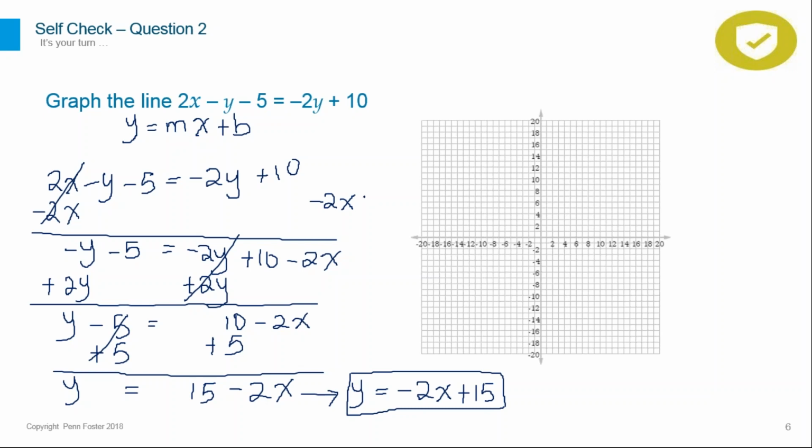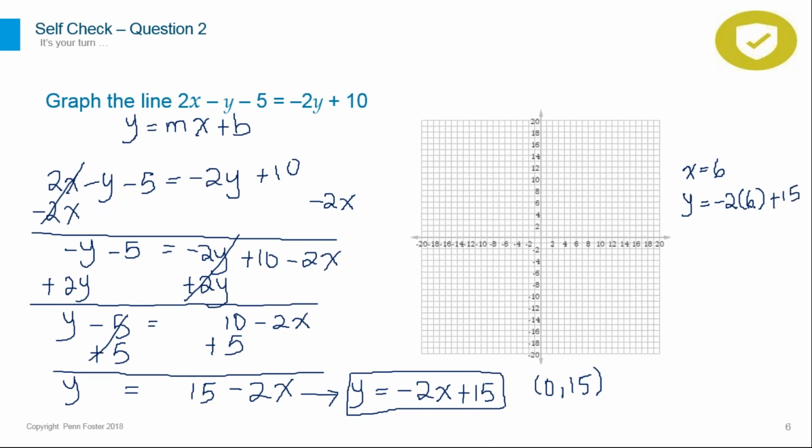To graph the line, we need 2 points. One is 0 and 15. This is where the line will intersect the y-axis. The second point we can easily get from plugging in any random value in place of the x. I'm gonna pick 6 to be my random value. X equals to 6, then y equals to negative 2 times 6 plus 15.